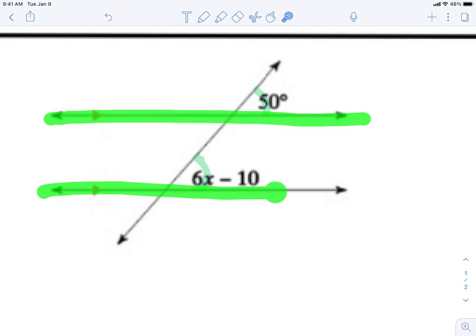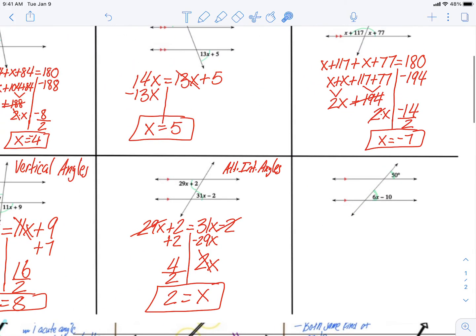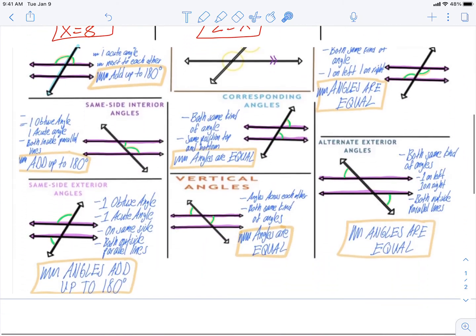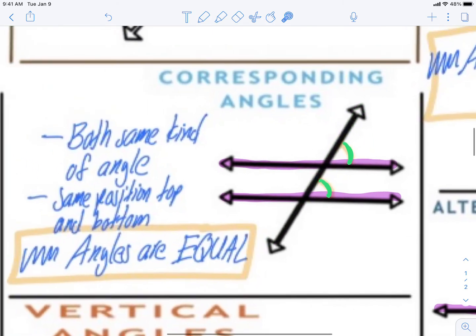For sure, one on the inside and one on the outside of the parallel lines, and both on the right side, on the same side of the transversal. So, look at that.